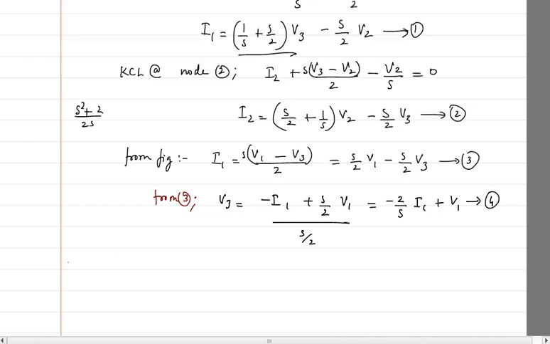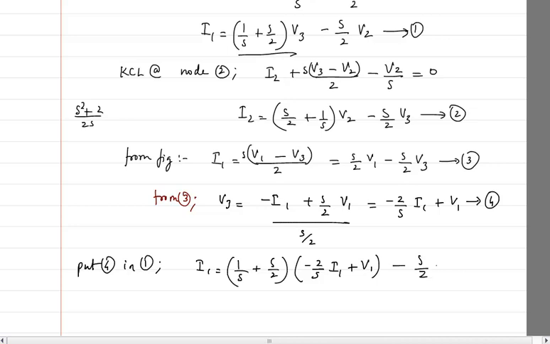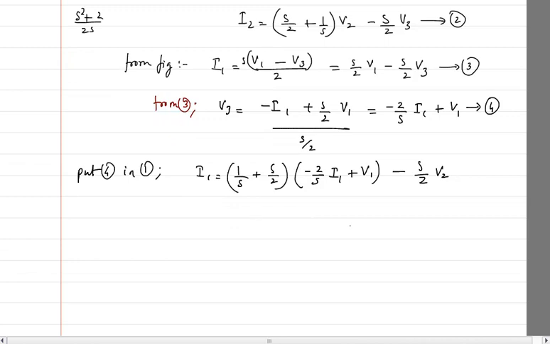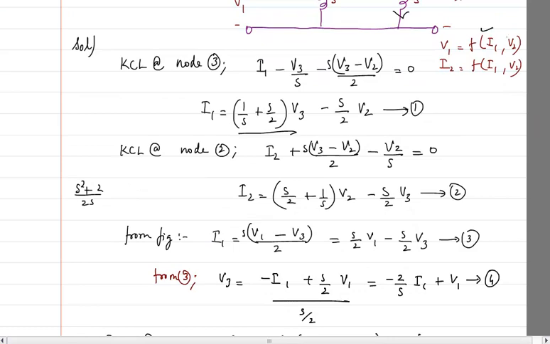Put equation number 4 in 1, then I will get I1 is equal to 1 by S plus S by 2 V3, isn't it? V3 is what? Just now I found out V3 is minus 2 by S I1 plus V1, minus the remaining portion S by 2 V2, that is from equation number 1. The equation was to find V1 with respect to I1 and V2.